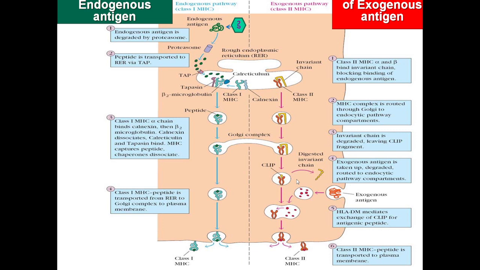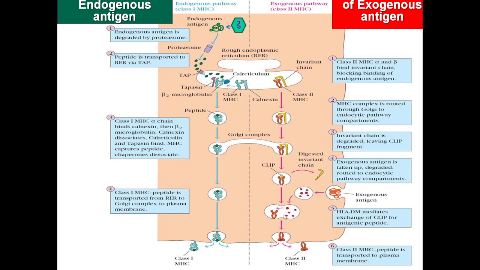Now, here you see the scheme that we discussed before, endogenous antigen presentation, presentation of an endogenous parasite, and association of the MHC1 protein to the peptide of this parasite in the endoplasmic reticulum is the early event.